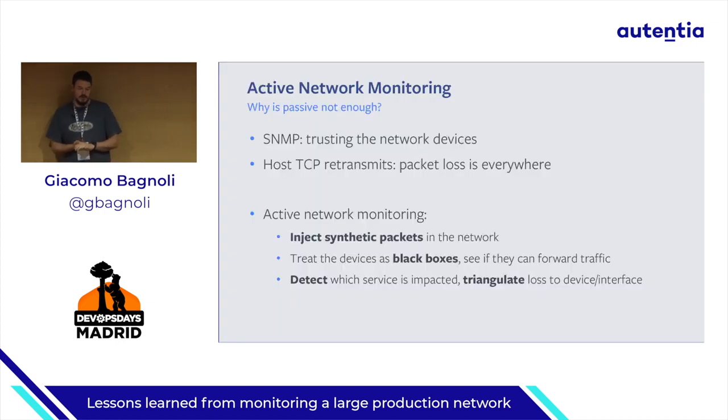In our team we do what is called active network monitoring. Active network monitoring is a technique different from passive network monitoring. If you're familiar with SNMP or host TCP retransmits, that's passive. You go to the device and ask it, give me your counters.